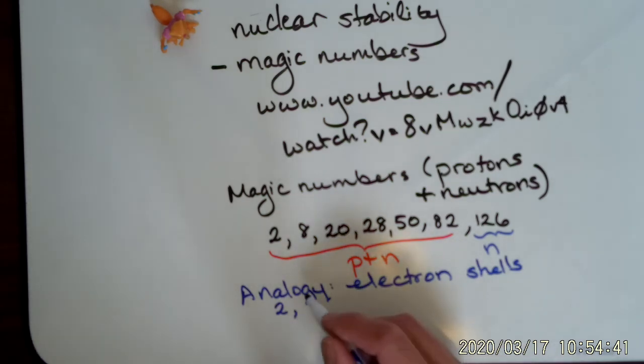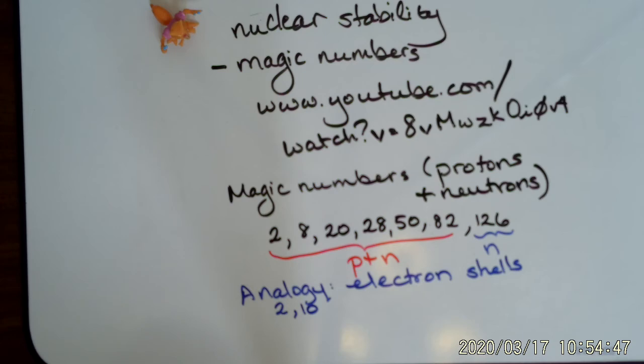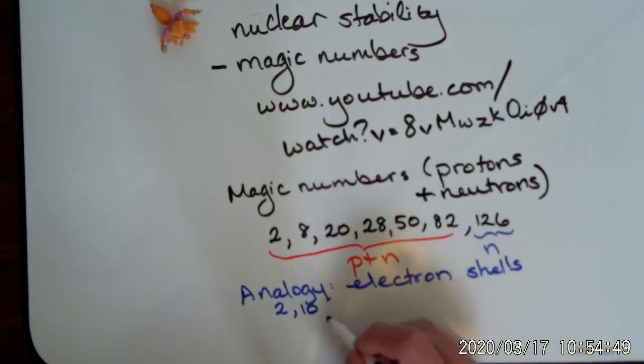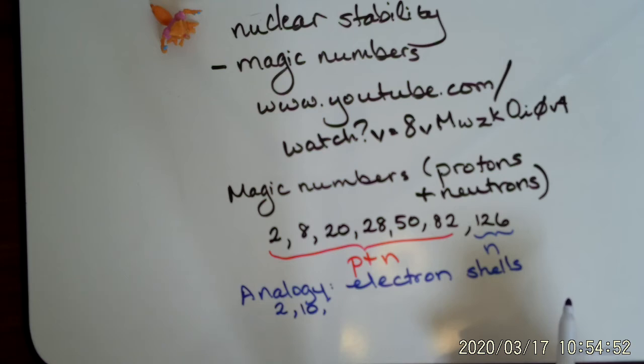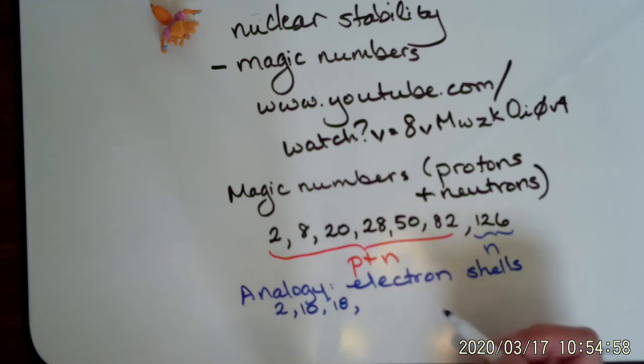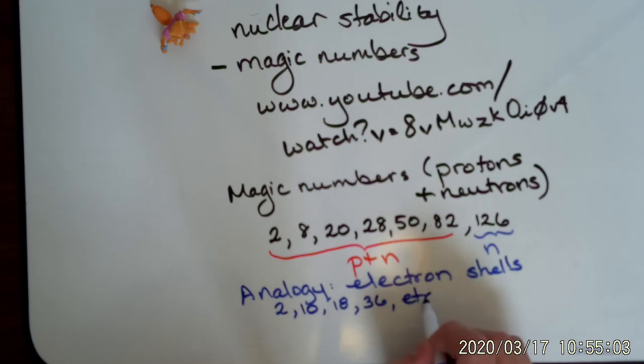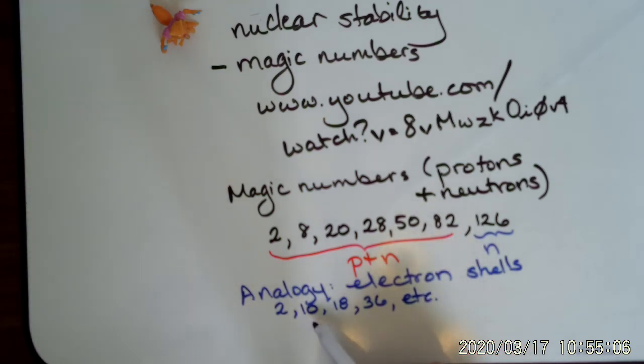So for row 2, the total number of electrons is up to 10. The total number of electrons from our first, second, and third rows is 18. And for row 4, we have up to 36. Etc. So just like we sum up the total electrons, we're summing up the total of nucleons here. And these magic numbers indicate a particular stability in the nucleus if you have these numbers.